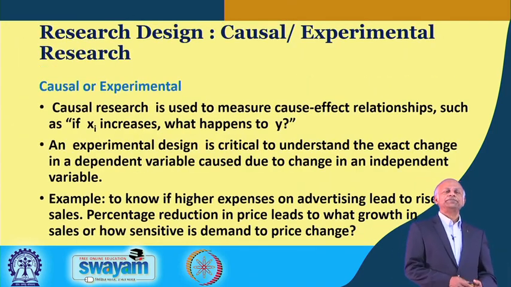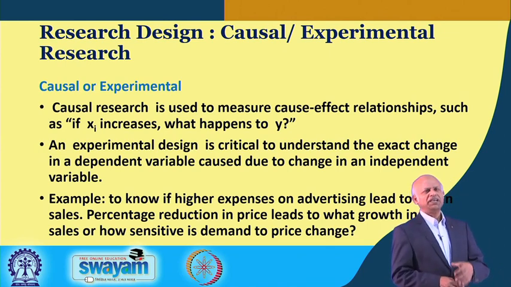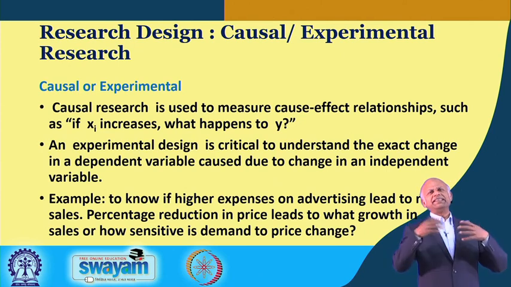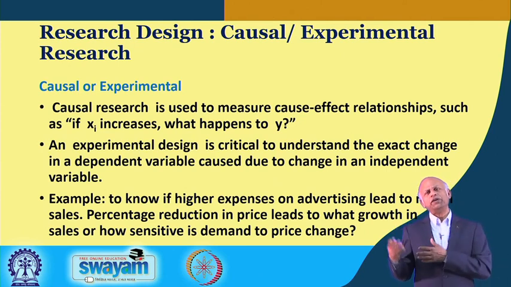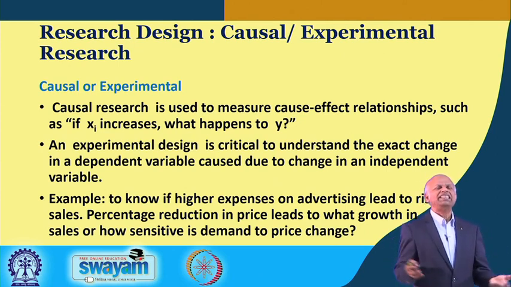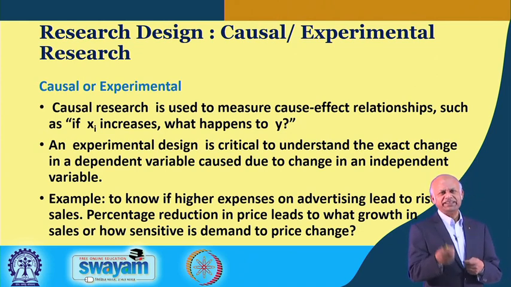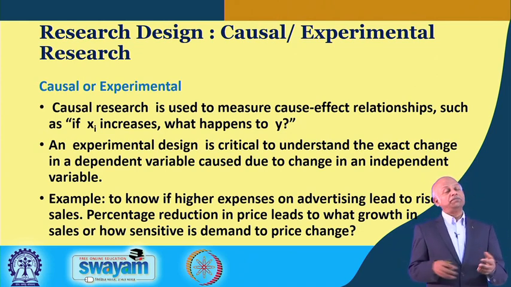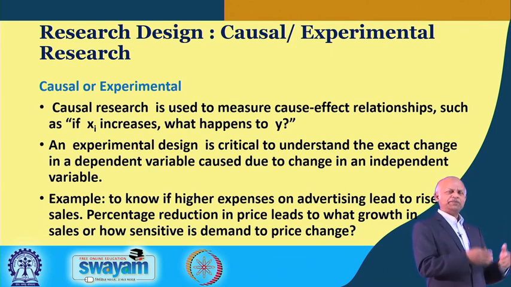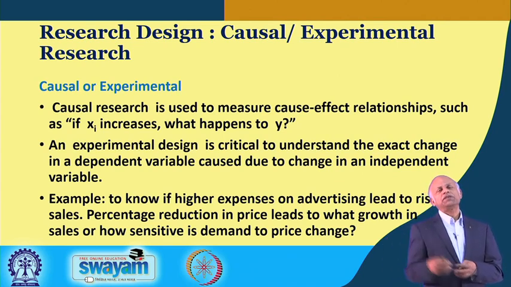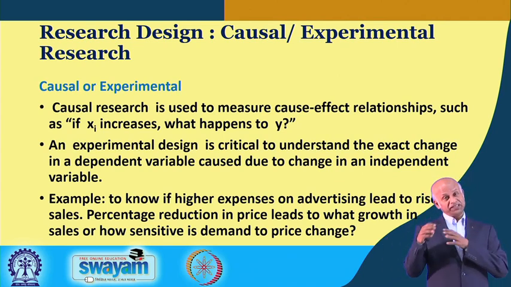Research design, causal or experimental research. It is like if x, some feature of a product, increases, what happens to y, a dependent variable, maybe sales. Suppose you increase quality or you increase sweetness in a drink, or any other feature of a food or any other product, and you see how the customers are reacting to that, whether sales is going up or down.